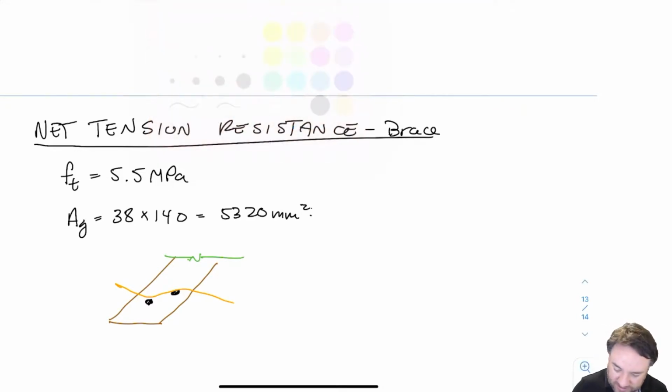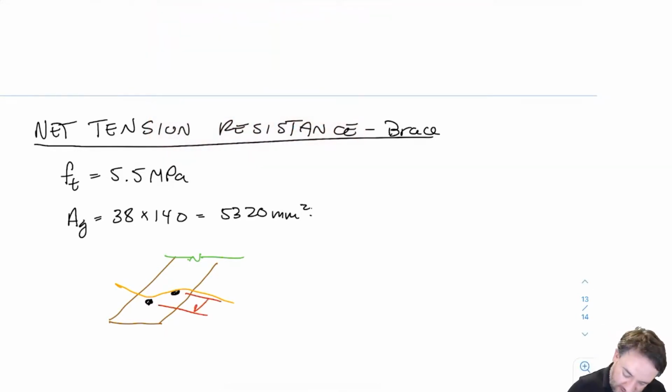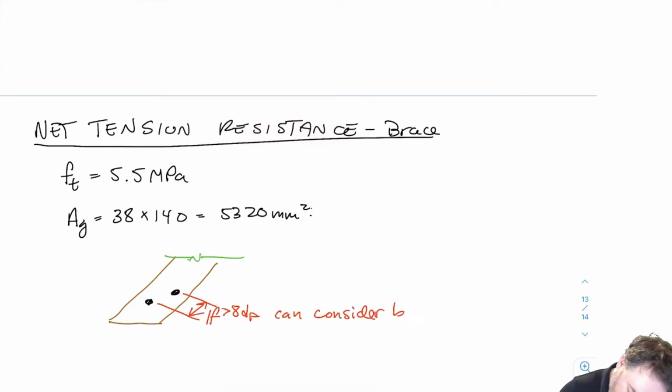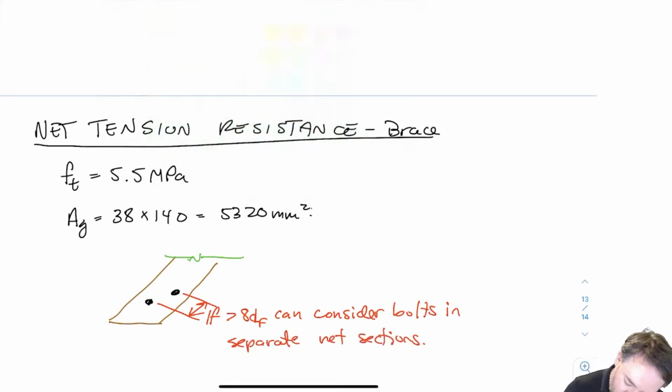So if this has to be greater than 8 df, actually, wait a minute, if I have two separate sections, okay, so if that spacing is greater than 8 df, then we can consider those bolts as being in separate net sections.